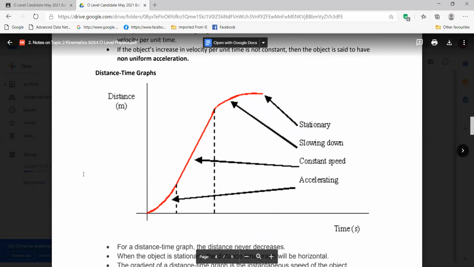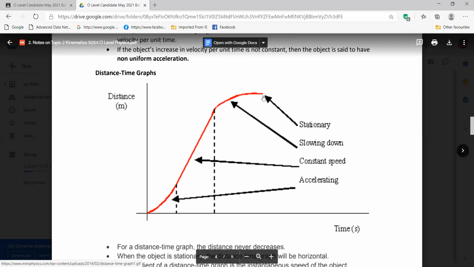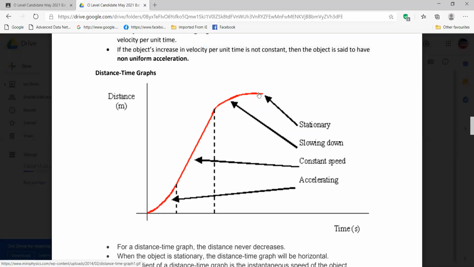Here we got one example of graph, distance time graphs. Stationary means time is going, but the distance remains the same, right? Then the object is stopped or stationary or at rest. Then it's slowing down or deceleration. Here we got this curve.